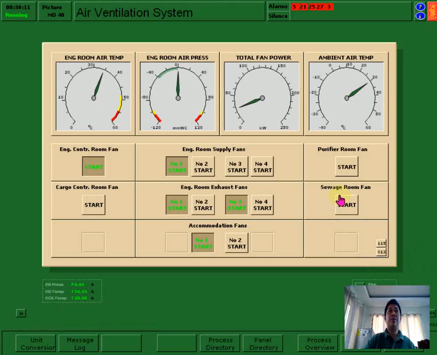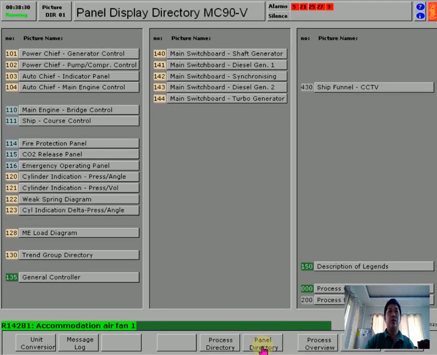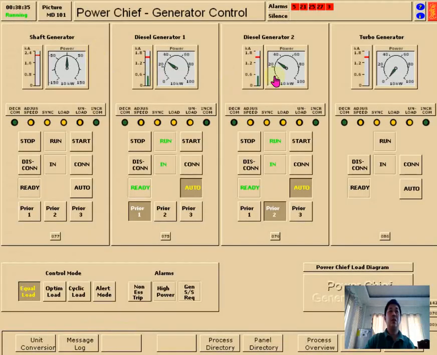Now it's stopped, so the engine room pressure has changed. I stop the accommodation fan, and I'll check if I still have equal load sharing.